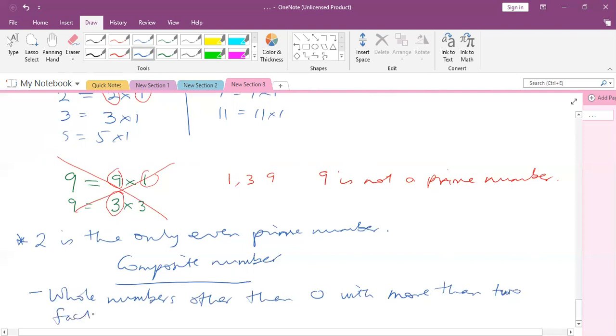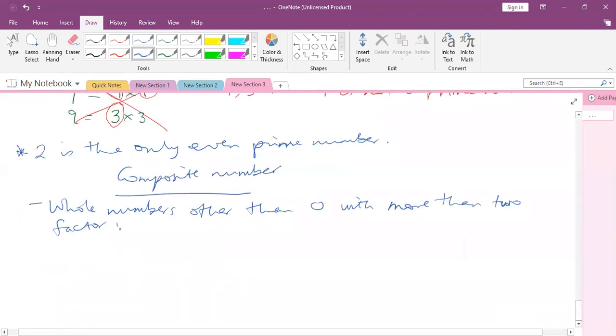So that's what we call a composite number, more than 2 factors. So if we take a number like 9, and we say that 9 has the following factors, you have 1, you have 3, you have 9. These are all possible factors of 9, as we've seen already. Okay, so because of that, this is an example of a composite number, right?